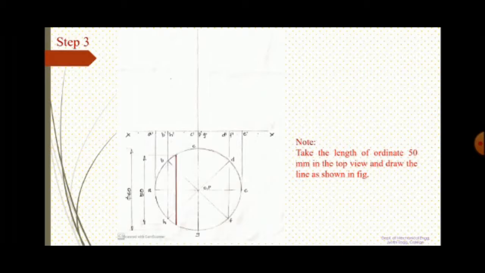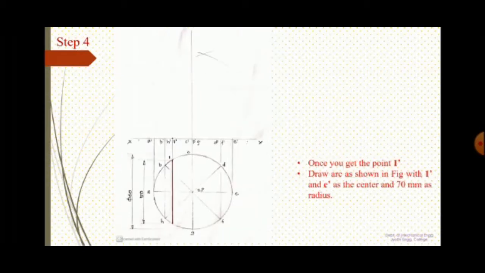You can see I marked a diameter 50, just 2.5 up, 2.5 down. You slide your scale up to where the total distance is 50, and you draw a line as shown in the figure. And you mark that point as 1, project it upwards, you will get the point 1 dash.